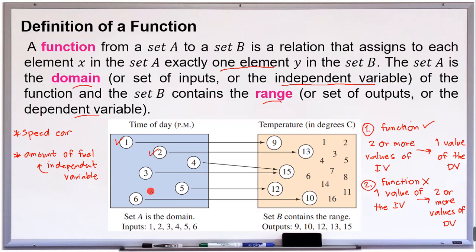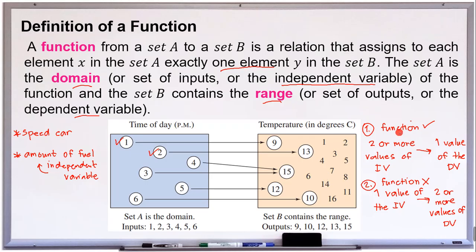So therefore, if that is the case in which you have one value of your independent variable that corresponds to two or more values of your dependent variable, then you cannot call that set a function.